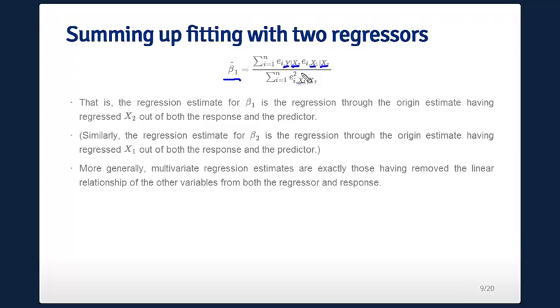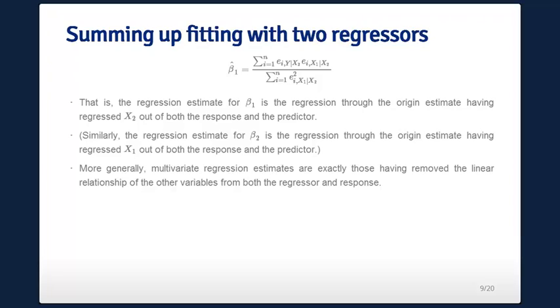And so that makes a lot of sense to me, because it's like removing x2 from both y and x1, and then only considering x1 in isolation and y in isolation, with x2 having been removed from both. So I think that's interesting, and it gives us a good way to think about what multivariate regression is doing.